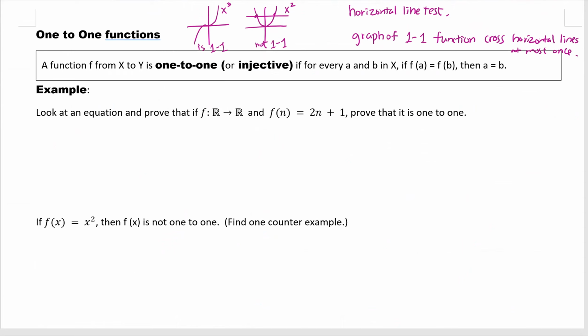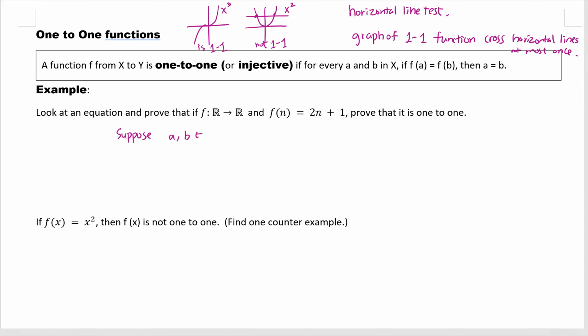Examples. Prove that if f from the real numbers to the real numbers, with f of n equals 2n plus 1, then it is 1 to 1. Look at the definition of 1 to 1 functions. Suppose a and b are in the real numbers and f of a equals f of b.